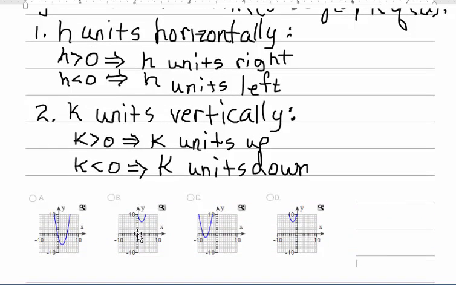So from the origin, the vertex should be 3 units right and 5 units down. And the only graph that meets those conditions is the graph of A. So we are going to select A as our choice.